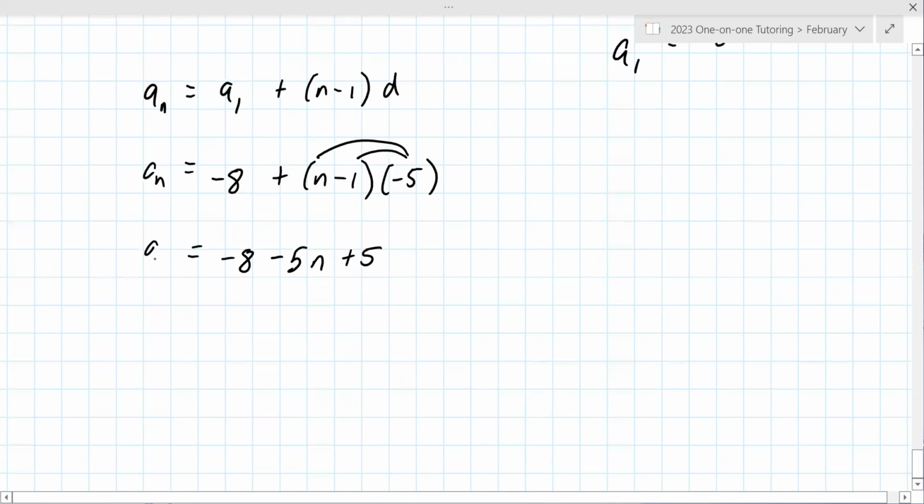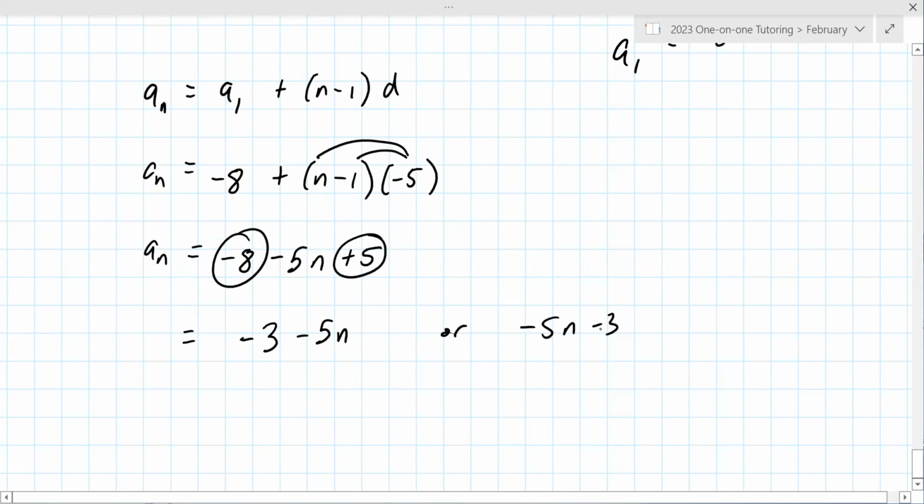And then you combine like terms. -5n plus 5 minus 8. The 5 and the 8. Yeah, go ahead and combine those: -3 minus 5n, or you can write -5n minus 3.